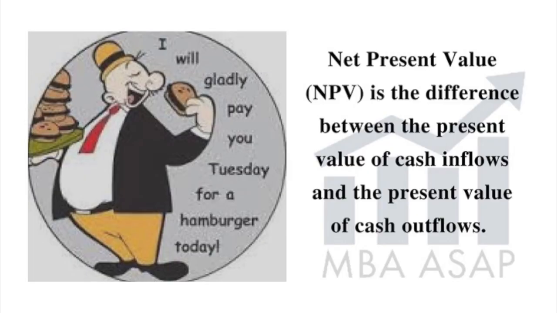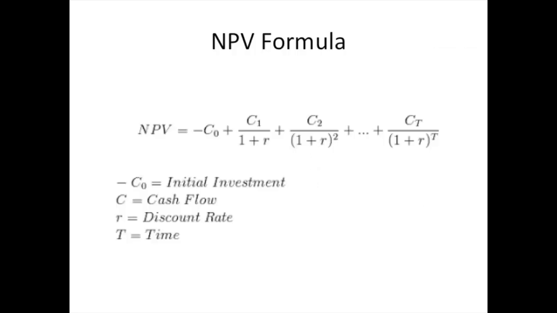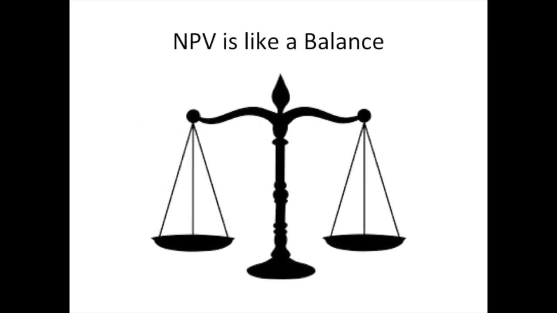What we do is take that initial cost and weigh that against the present value of all the cash coming in. We're going to net the two. There's a minus sign on the costs and plus signs on all the present value cash flows coming in. We ask how all the money going out weighs against all the money coming in. Think of it like a balance.